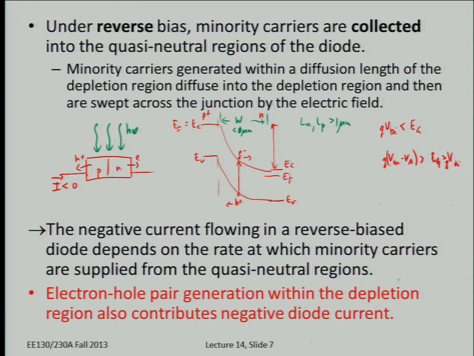So it turns out this is usually the dominant contributor to negative diode current when you shine light on it.